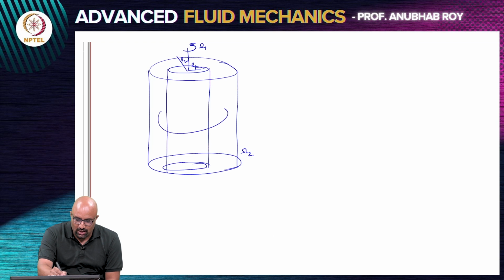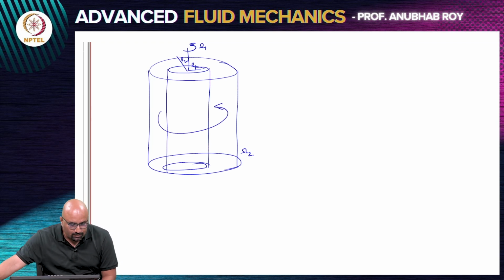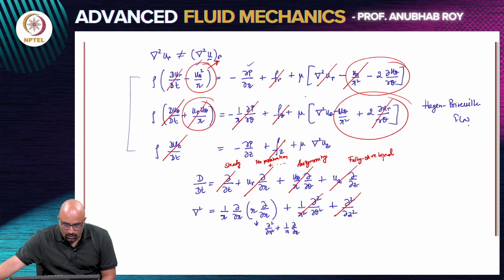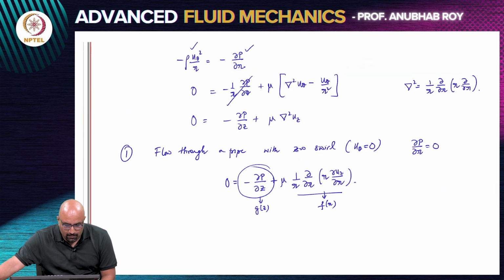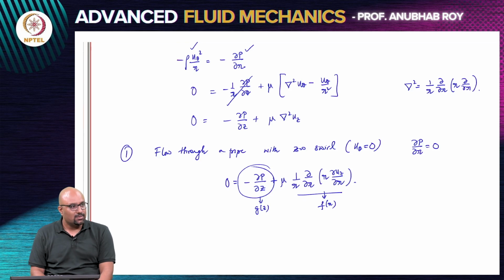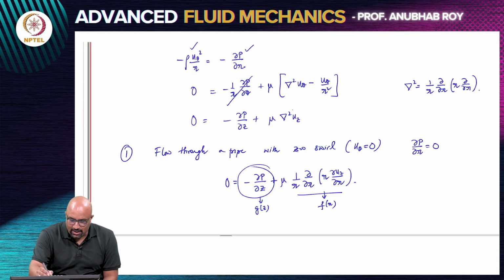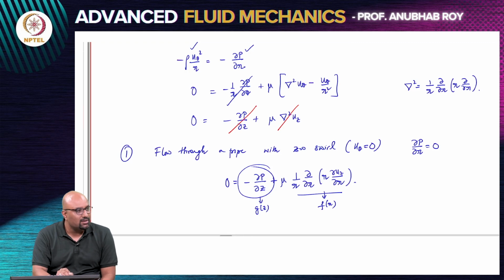There is a swirl in the problem, which means if you go back to your equations, if you remember, we had these equations. Now there is no axial velocity in the problem.